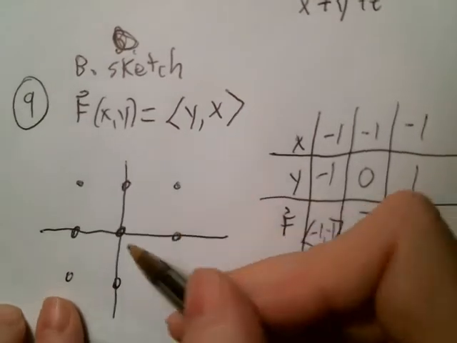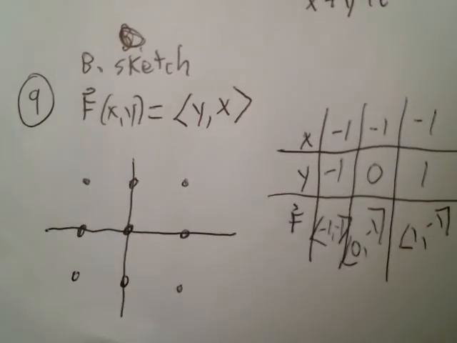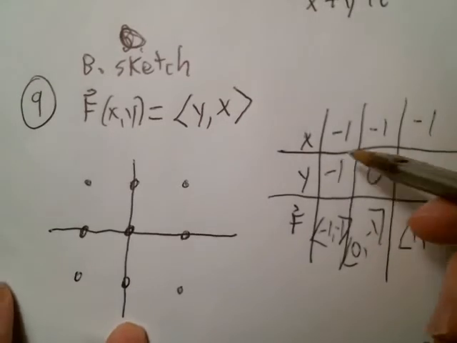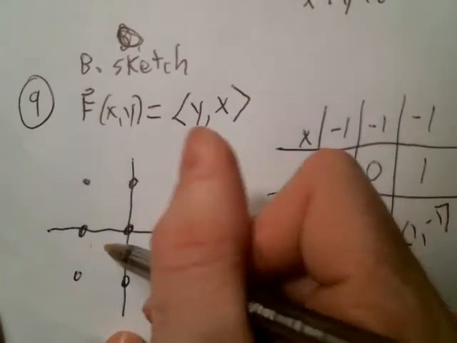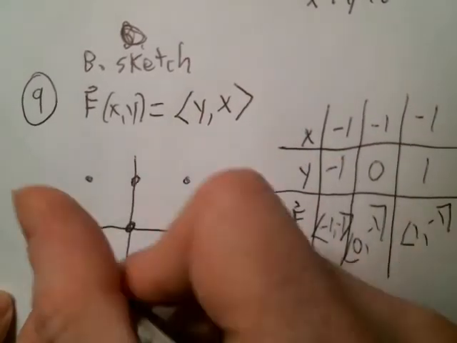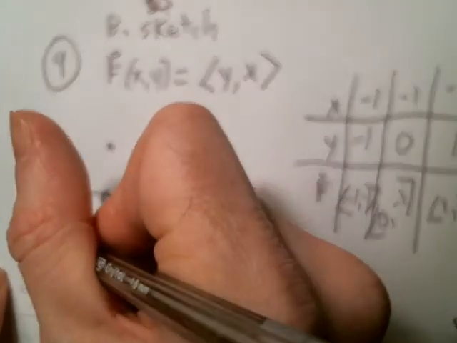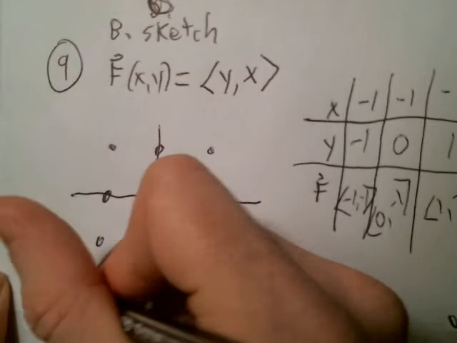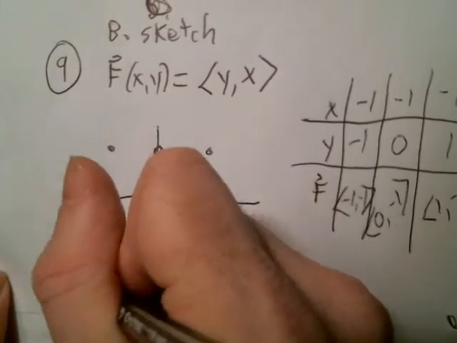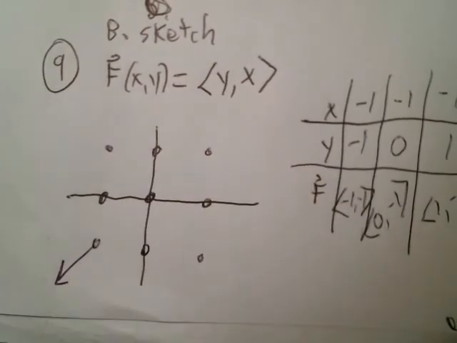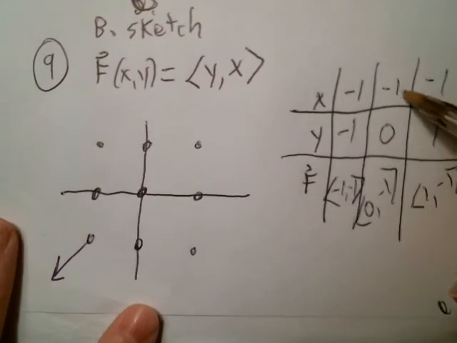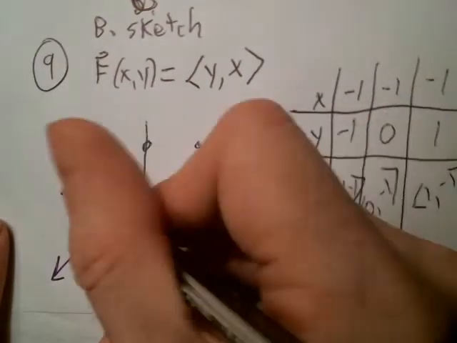Okay, so we could draw those vectors in the xy plane. So -1, -1 is right here, and then the vector goes to the left -1 and then down -1. So that would be a vector there, and the one at -1, 0 is 0, -1.